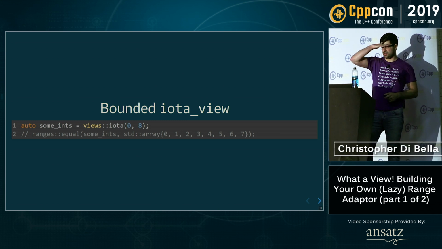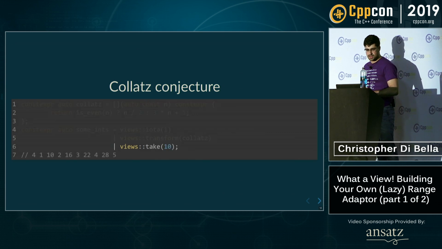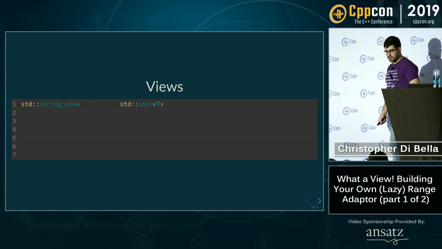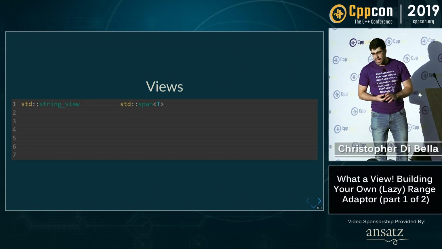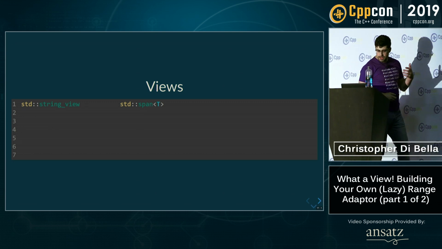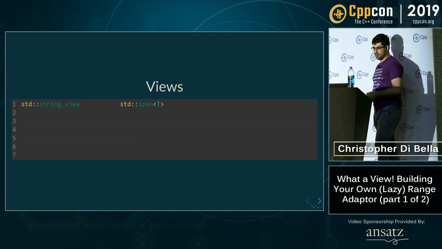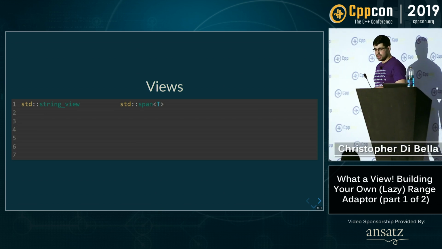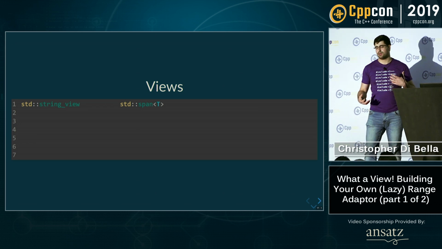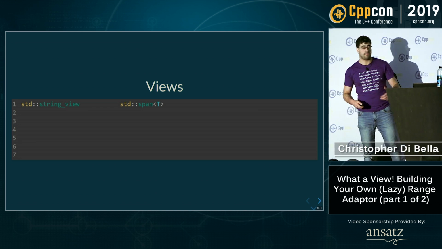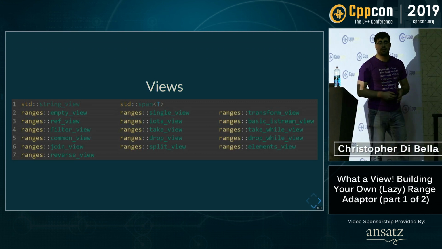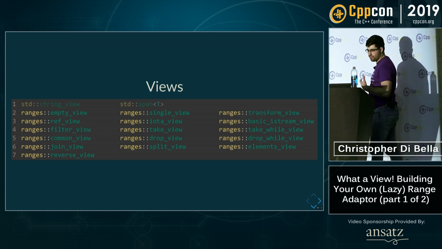I don't see any. All right, so let's move forward, and let's talk about views in a little bit more detail. So the two that you may be familiar with are string view and span, and those two are the canonical things that we think of at first. But C++20 actually introduces a lot more views than that, and they're all inside the ranges namespace.